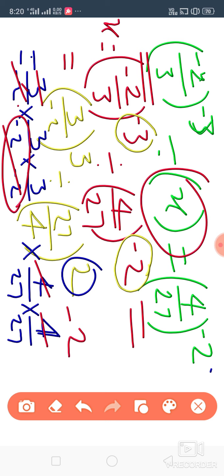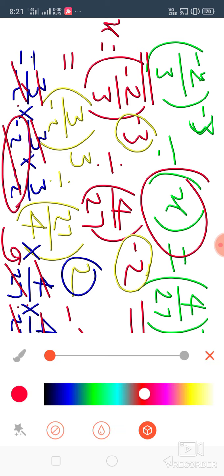Okay, now this 3, 9, 27: cancel, and this 3, 9, 27, this 3 also cancels. So overall in the numerator, what should we get? I'm taking another color.